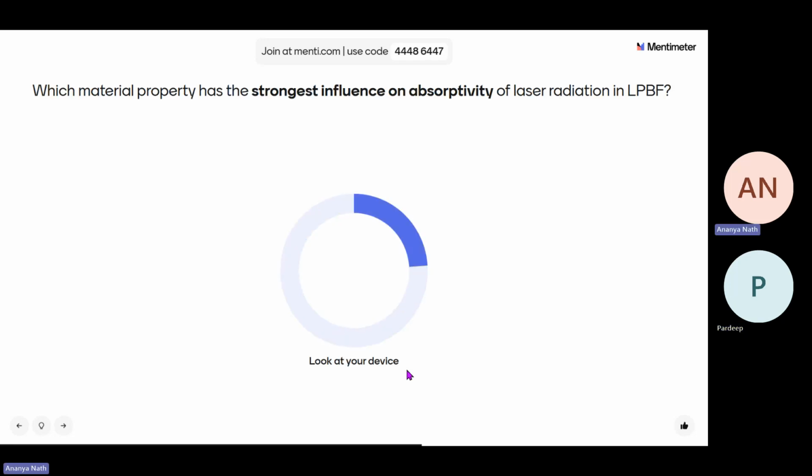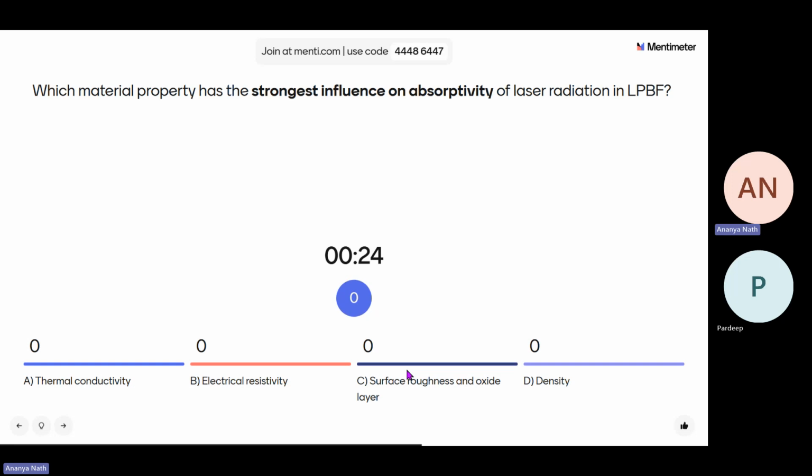Good, you're answering correctly. Which material property has the strongest influence on absorptivity of laser radiation in LPBF? Absorptivity of the layer of a material.